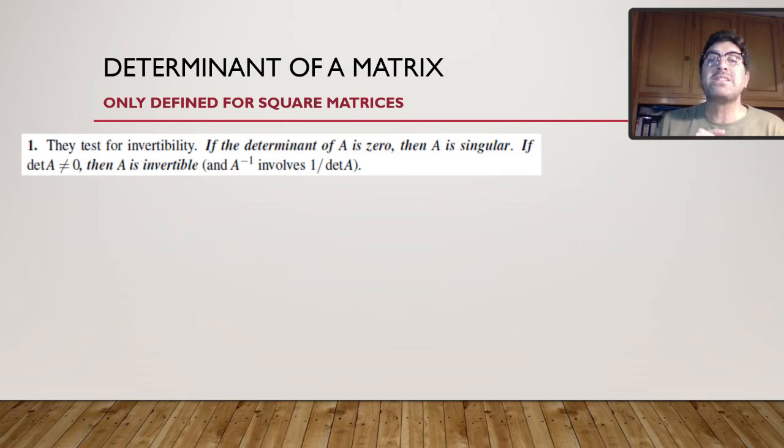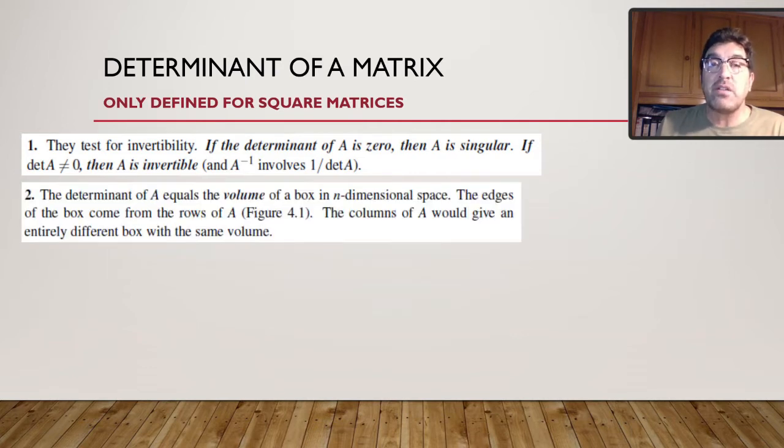If the determinant is not 0, then it is non-singular and therefore invertible. Okay, and how do we use the determinant when we find the inverse? We work with the reciprocal of that determinant. Okay, so if the determinant is not 0, we're going to find out how to find it now, then the matrix will be invertible.